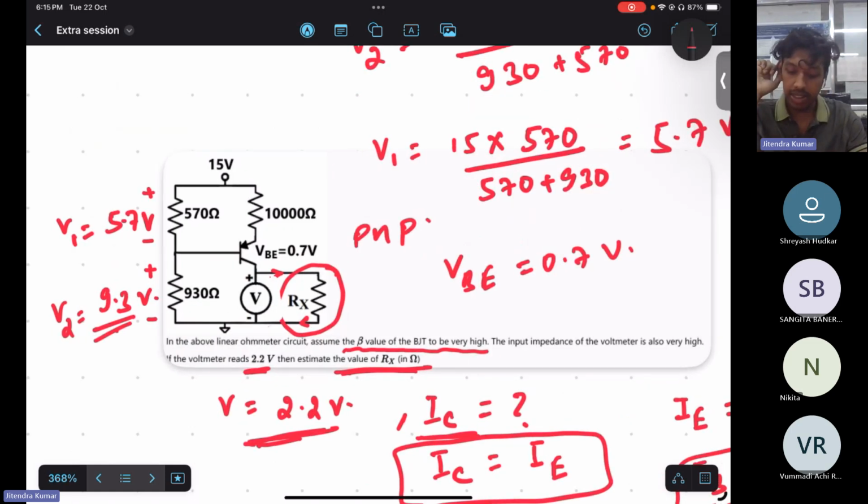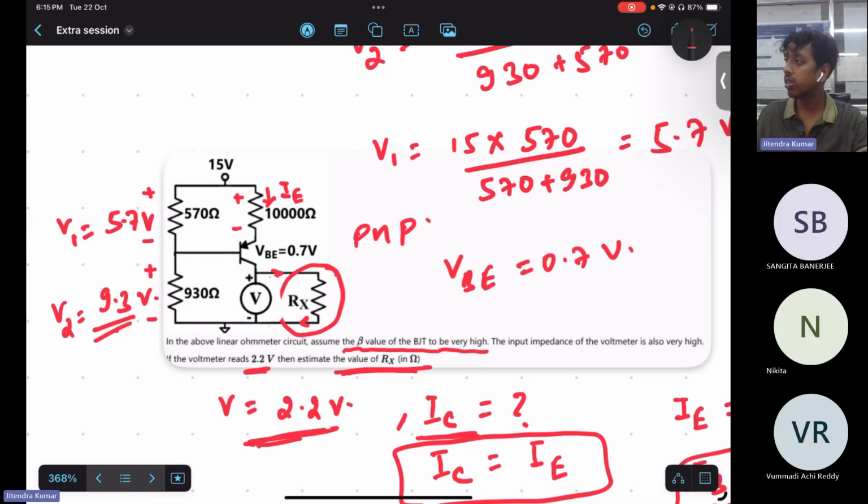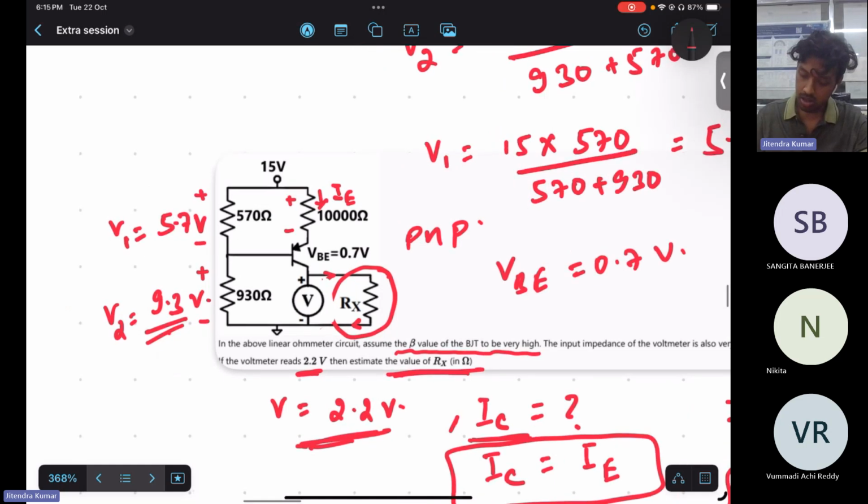Now the only thing is to find this voltage and this current, that will be IE. In that fashion, IE will flow, right? IE will be equal to IB plus IC, because this is a PNP transistor. Now we have this voltage 5.7.